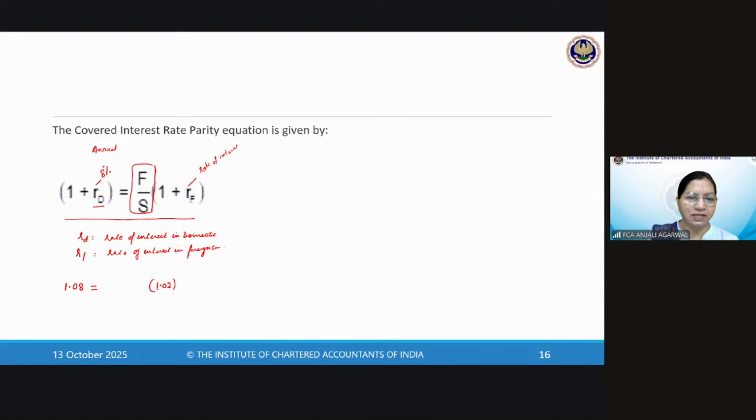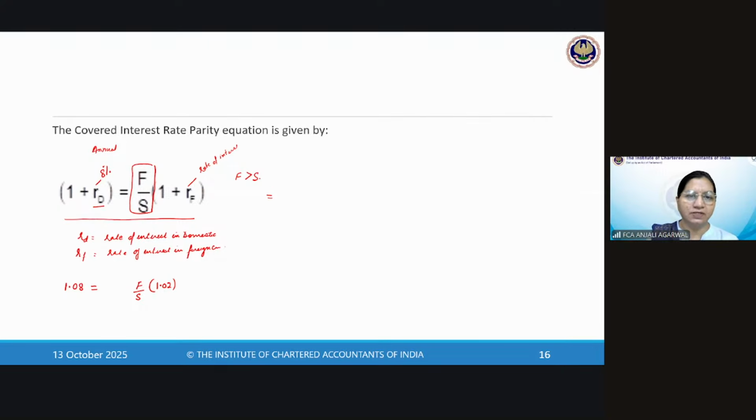And because this has to be increased, this factor has to be greater than 1. Indirectly implying that the forward rate will always be greater than the spot rate if this interest is lower. And if forward rate is greater than the spot rate, it also implies that the foreign currency is at premium.